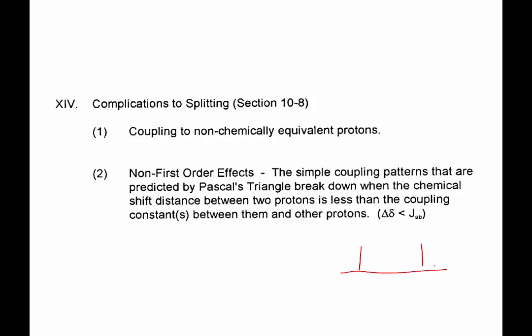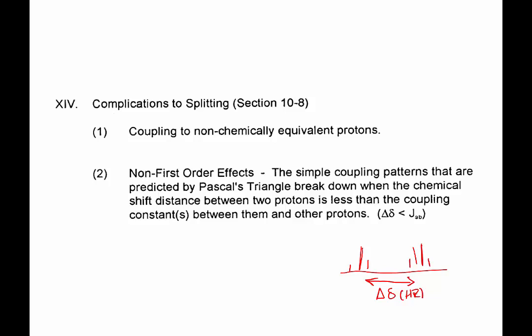We said it was unitless before. It really is a number of Hertz. So you have the center of your peaks, and then off to the side, you have your split peaks. The distance between the sets of peaks would be your distance in chemical shift in Hertz.